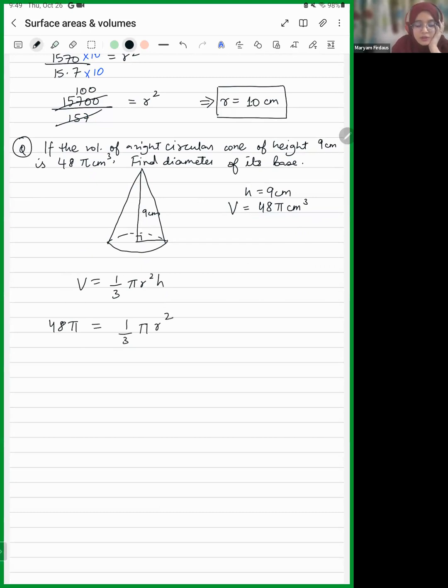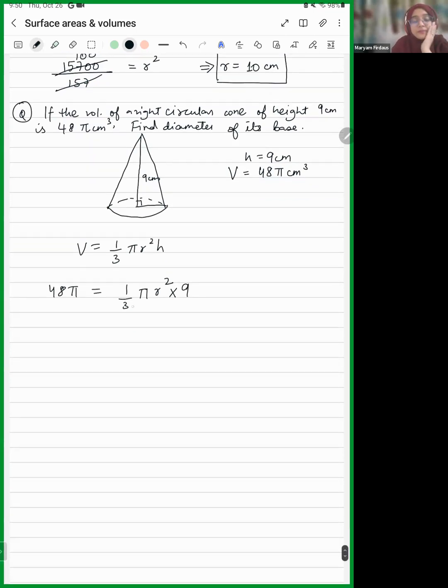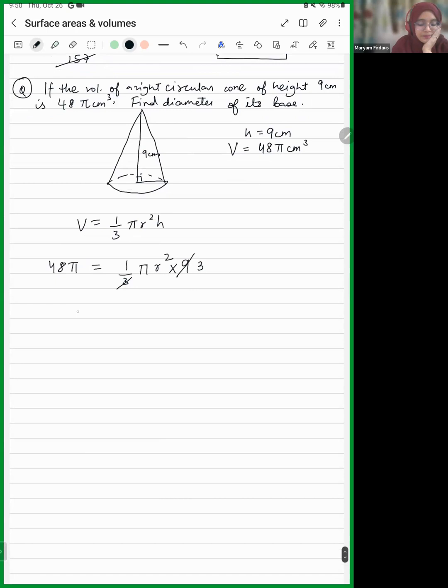Now, what is h? Ma'am, h is 9. Now, 9 by 3 will become 3. Next, pi and pi cancel. After that, take 3 to the other side.